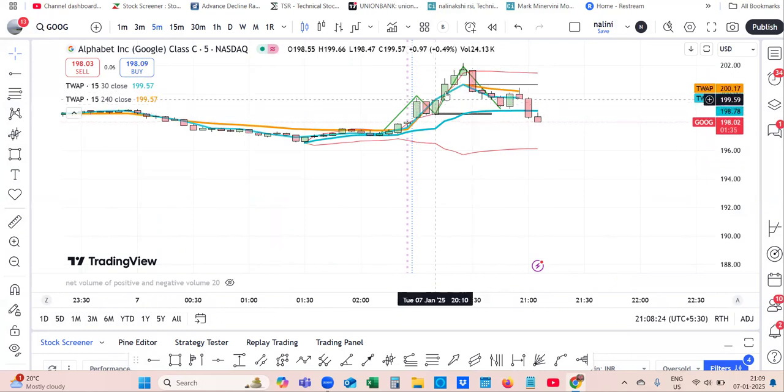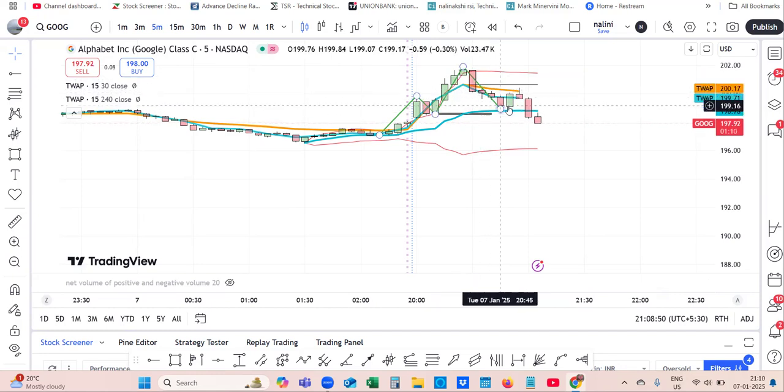Yeah, people would have gone long thinking that it is a higher high. But at one point of time, very quickly, the weighted average moving price indicated that price is becoming weak. And also, this engulfing candle, engulfing the two bars, indicated weakness.